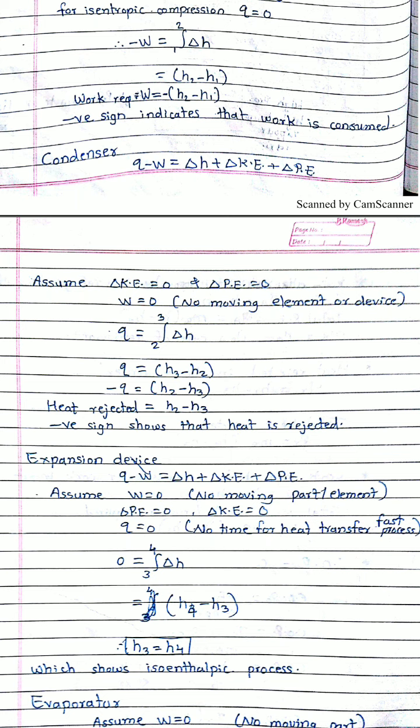Now the condenser is rejecting the heat, so there will not be any production or consumption of work. The condenser is only rejecting the heat, so there is no issue of work produced or work consumed, because there is no moving part.